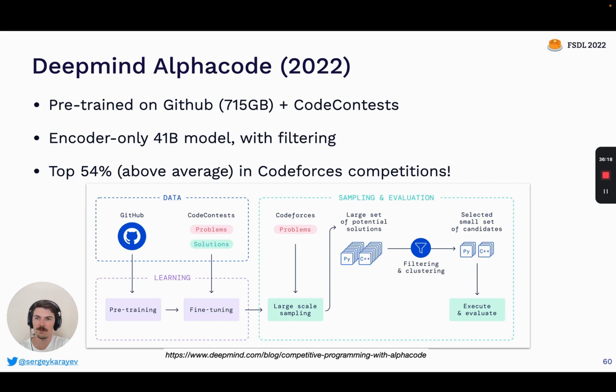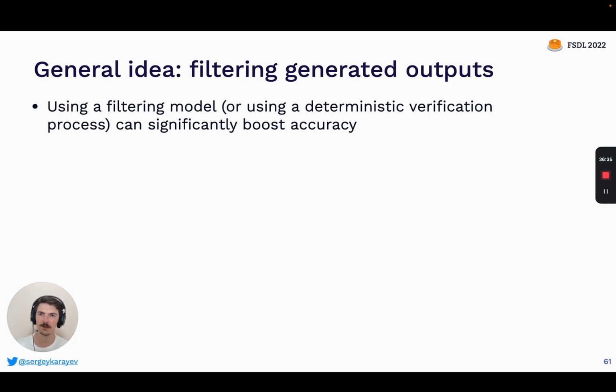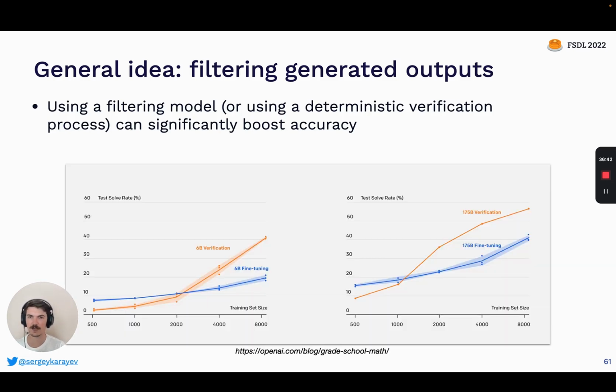And with all this, you can get an above average placement in a real programming competition, which is quite incredible. The general idea that I want to highlight from this is filtering output of the model. So you can have a separate model that does filtering, or you can have some kind of verification validation process. This can really significantly boost accuracy. Here's a result from OpenAI on a math competition.